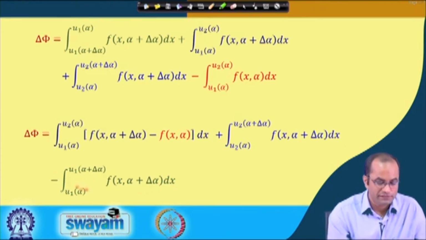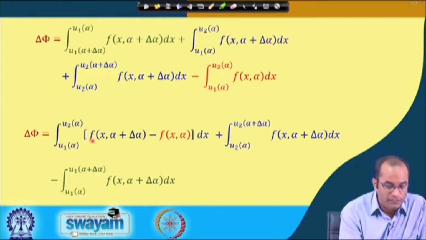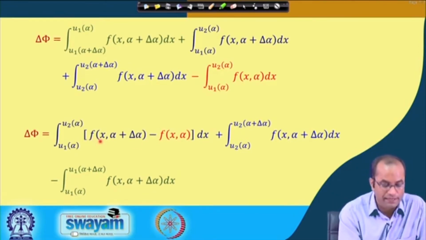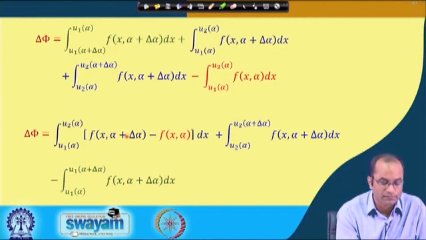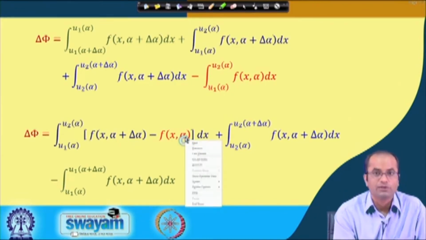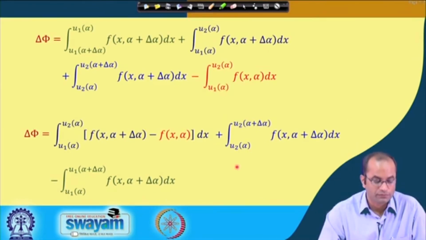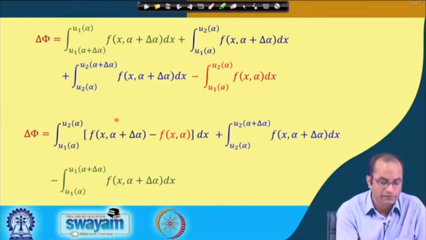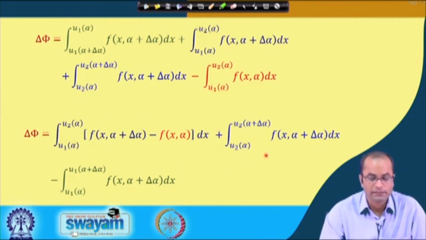So, now we have these three integrals, and now we will apply the mean value theorem. Here we have this difference of f x alpha plus delta alpha minus f x alpha, where the difference is in the second argument. So, here we will apply the mean value theorem from differential calculus, the Lagrange mean value theorem, and in these two integrals we will apply the mean value theorem from integral calculus, which was reviewed in the previous slide.